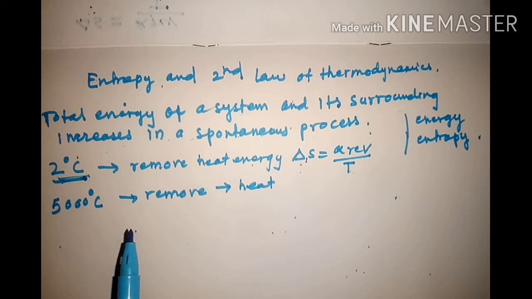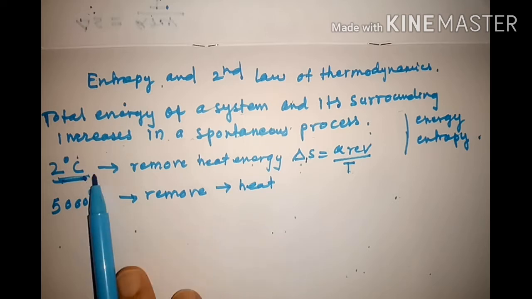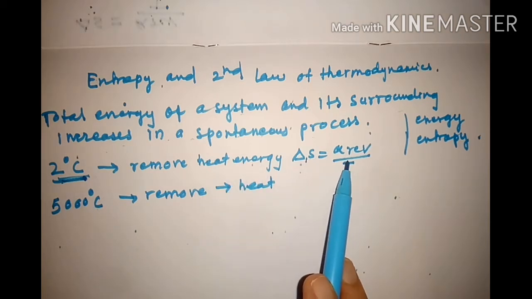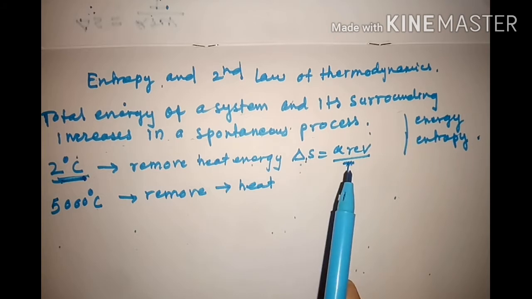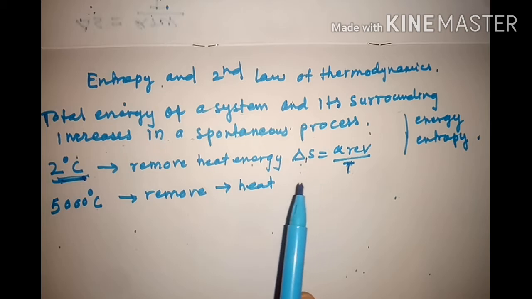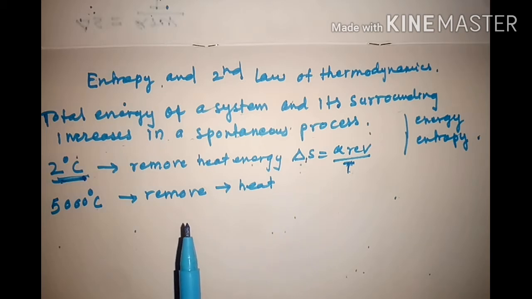But if a person has 5 rupees and you ask 2 rupees from him, the person will be greatly affected. Similar is the case here, isn't it? So entropy is inversely related to temperature. The heat will flow from the system at high temperature to the system at low temperature. So ultimately we have to think that the entropy of the system and surrounding increases in a spontaneous process.